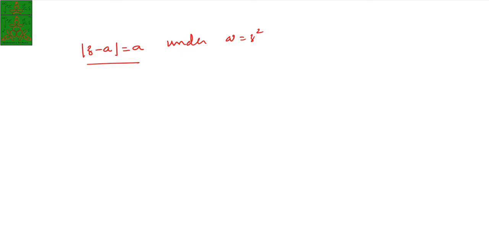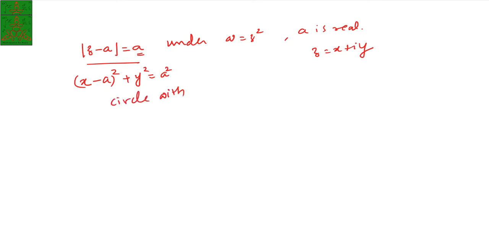You just note that if you have z equal to x plus iy, and if I consider a as a real number, then this is (x minus a) square plus y square equal to a square, because the modulus a is given to you, that's why a is a real number, actually a positive real number. So this is the form you will have. That means this will represent the circle with center a comma 0 and the radius a.